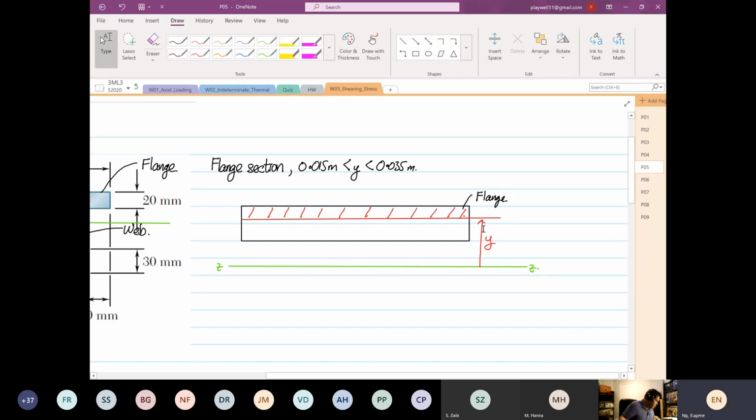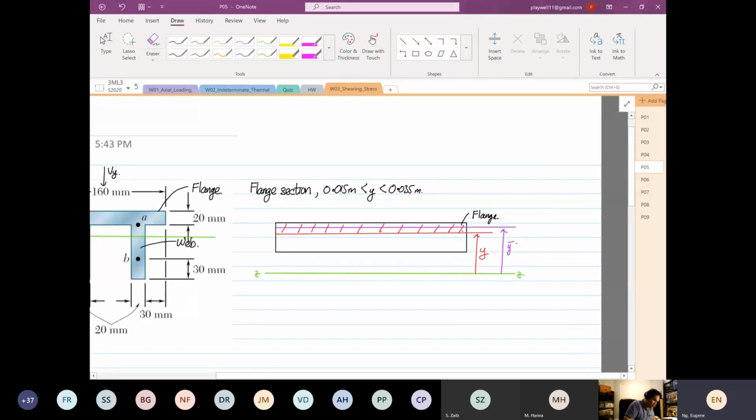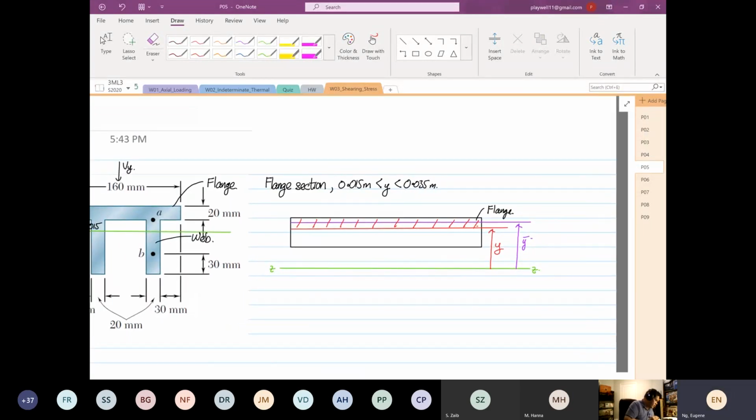And then we know that this will be our y bar, somewhere in between, exactly in the center. So we are just focusing on the flange section.